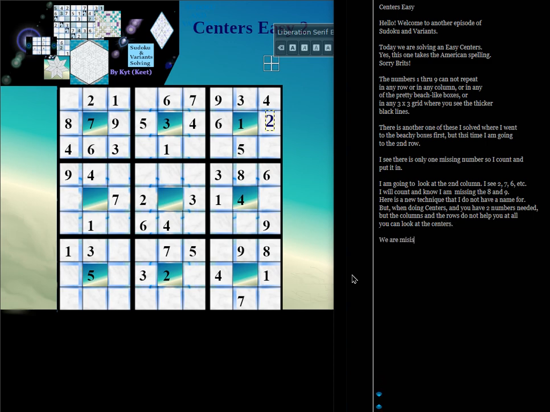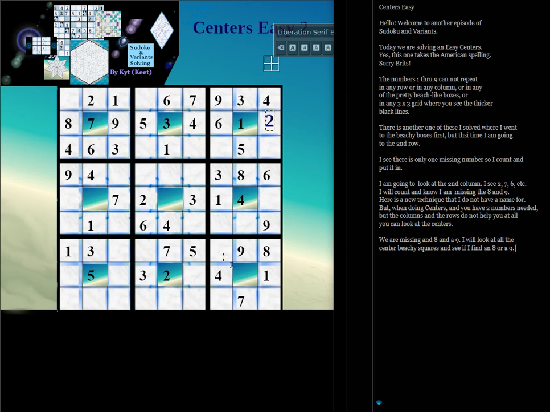Now we are missing an 8 and a 9. I will look at all the center beachy squares and see if I find an 8 or a 9.